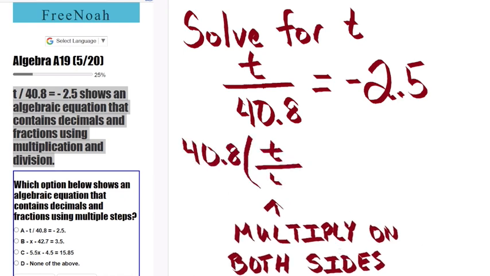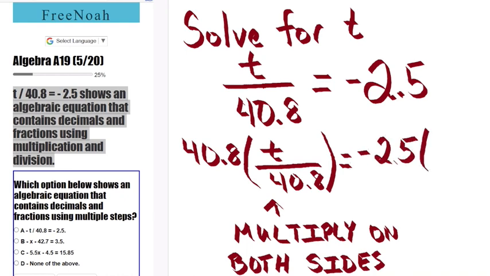Rewrite the equation as 40 and 8/10 times t over 40 and 8/10 equals -2 and 5/10 times 40 and 8/10.